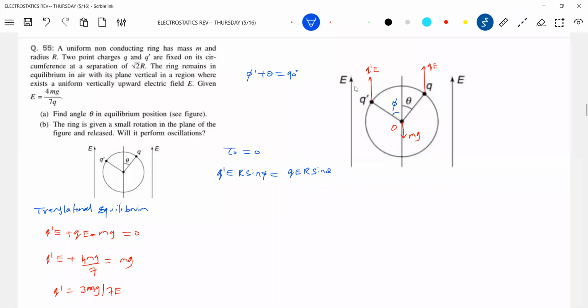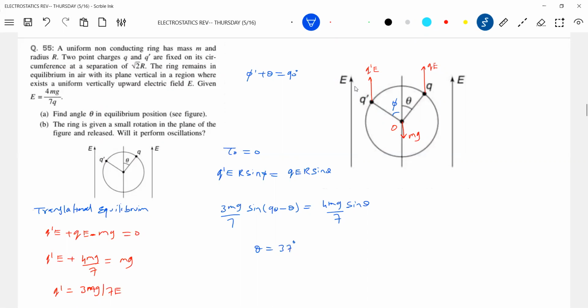Q dash value we know, 3 mg by 7e. R gets cancelled. So sine of 90 minus theta, QE value 4 mg by 7 sine theta. Solving, we will get theta: 37 degrees. Okay, fine.